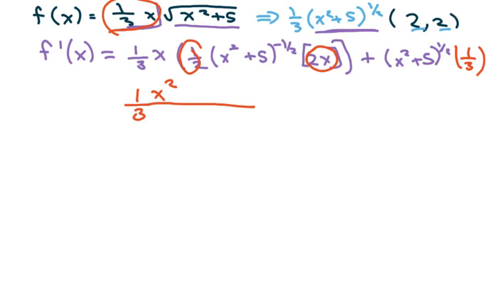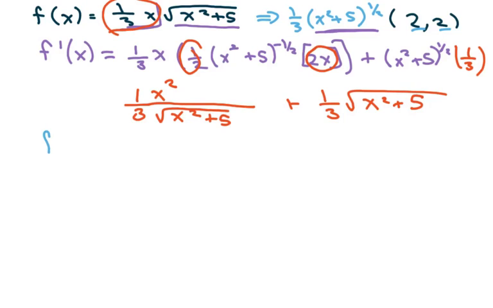The 2's cancel here. The denominator is going to be square root of x squared plus 5. And this piece over here is going to be 1/3 times the square root of x squared plus 5. And since we're just evaluating, let's go ahead and just leave it like that and plug in our 2.